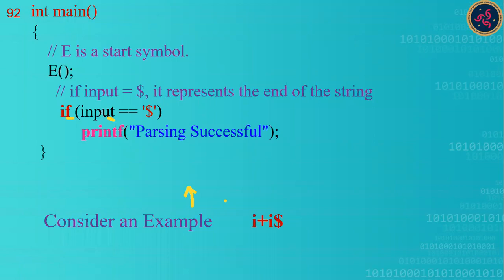Currently my input pointer is pointing to dollar itself. Therefore we can say that it is successfully parsed. This is how you can design a recursive descent parser for a given grammar. I hope it is clear.